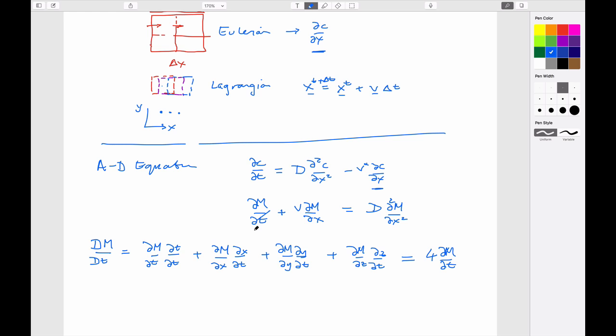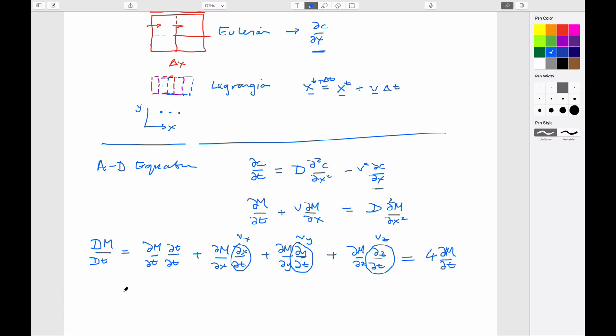These are actually just individual components. And of course, these individual parts here, this is just the velocity in the x direction, this is just the velocity in the y direction, and this is just the velocity in the z direction. And this, of course, is just 1.